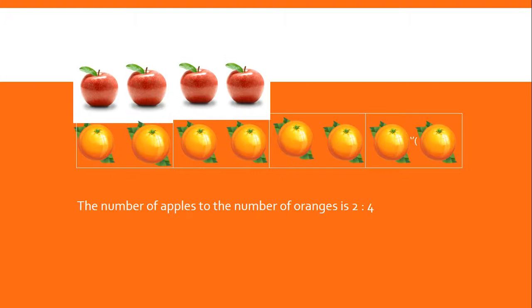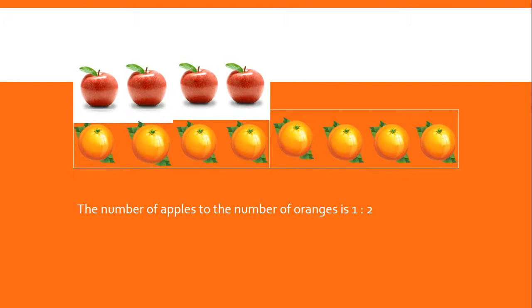The number of apples to the number of oranges is 2 is to 4. I can distribute them again. The number of apples to the number of oranges is 1 is to 2.